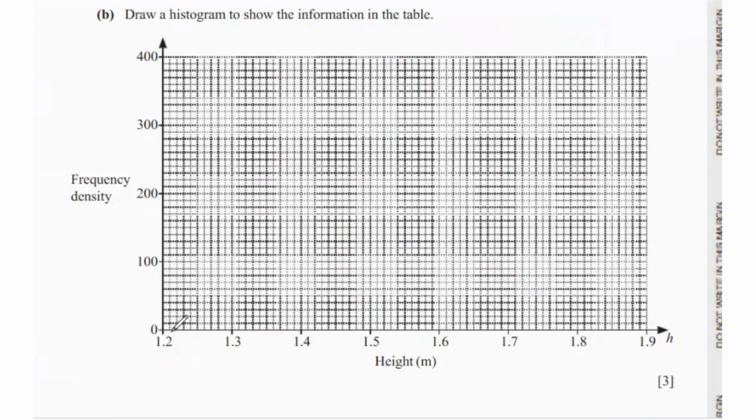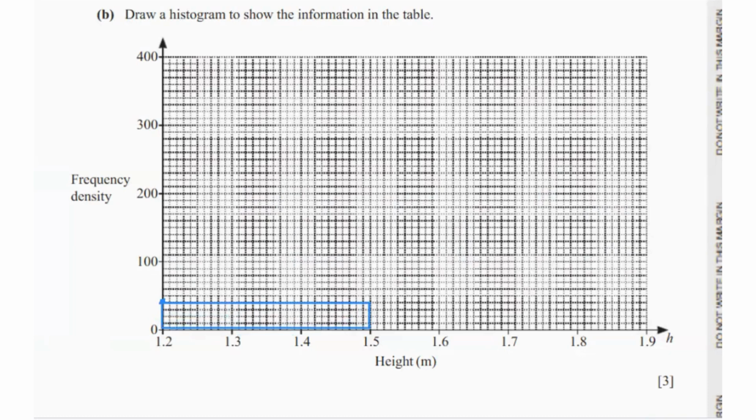Okay, so from 1.2 to 1.5, it's 40. So 10, 20, 30, 40. That's this one. So this is our bar for this.